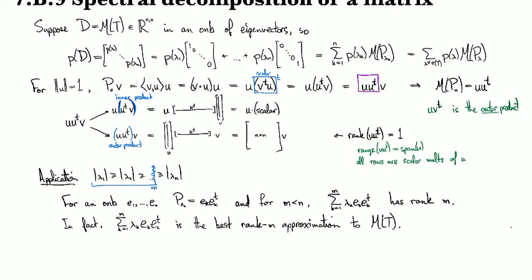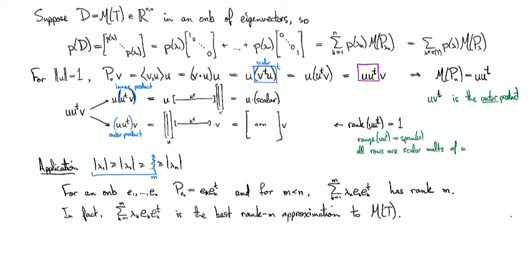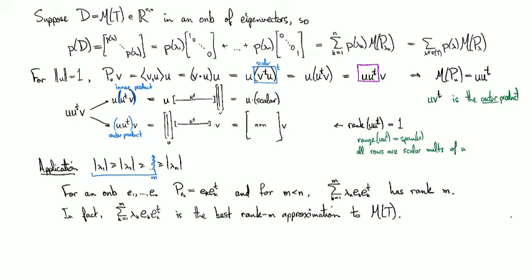And this actually comes up when the matrix that you're interested in doesn't actually come as the matrix of a linear transformation.